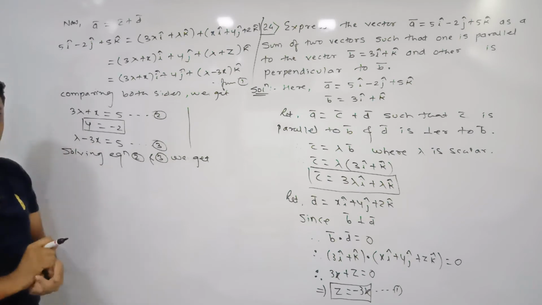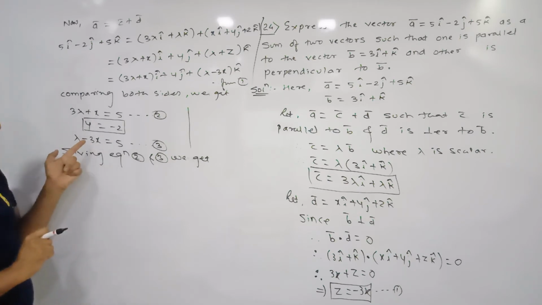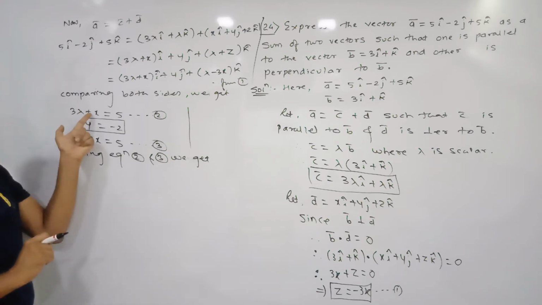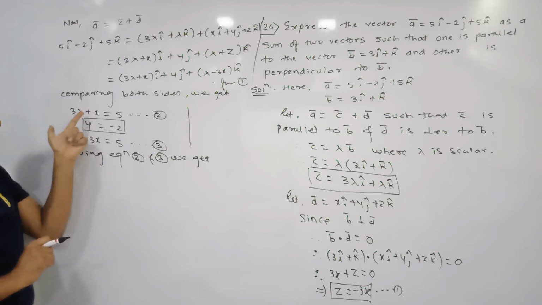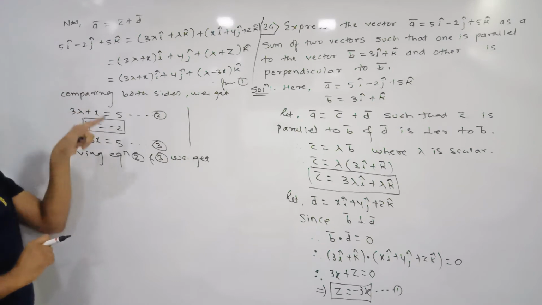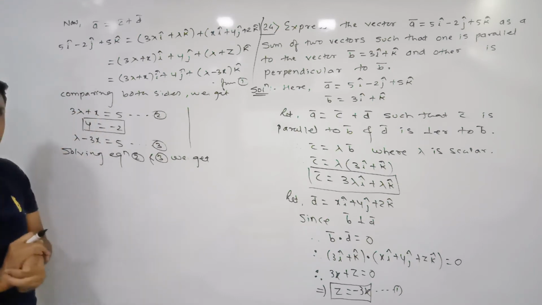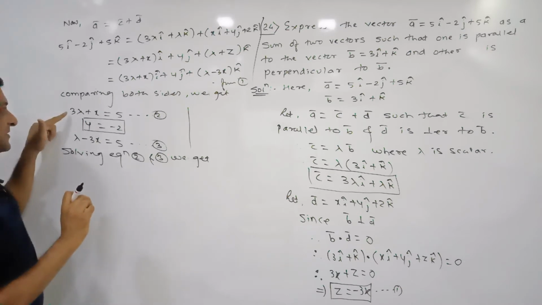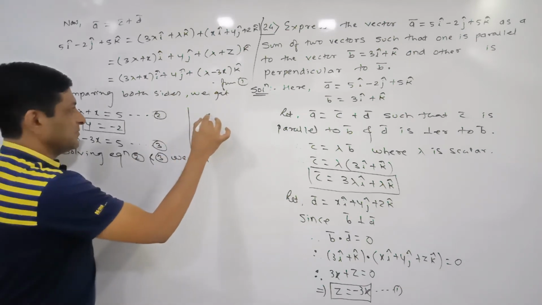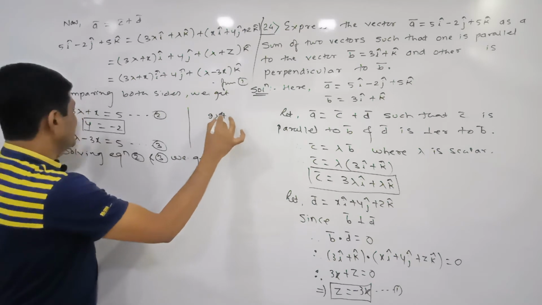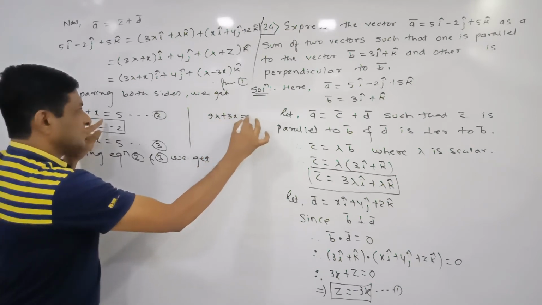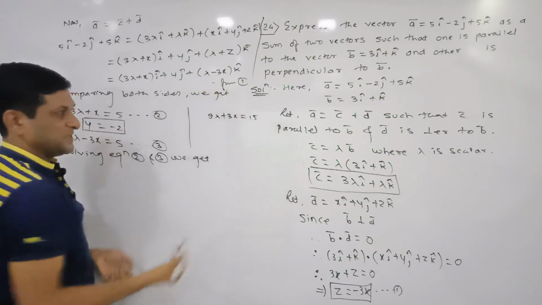What is the coefficient of x here? Minus 3. Here plus is there, here minus is there. If we take the addition, these two terms of x will get eliminated and we will get the value of lambda. For that purpose, multiplying this equation by 3, we get 9 lambda plus 3x, and on this side multiplying by 3 we get 15.